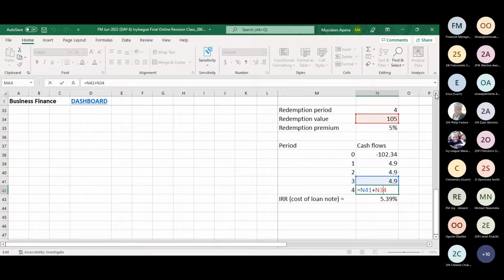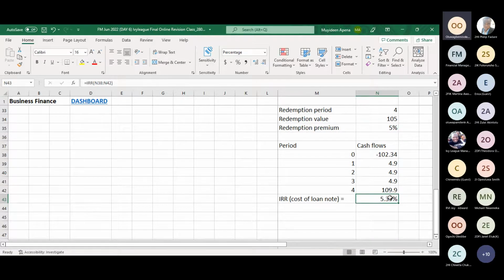Redemption value plus what? Then, sir, please can you place the cursor on the 105?